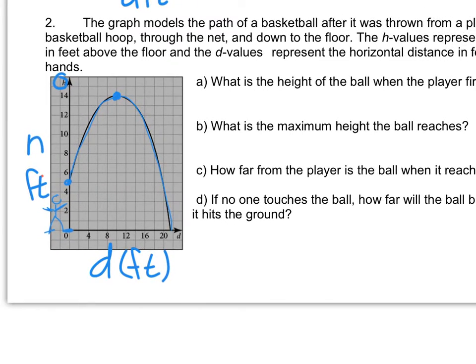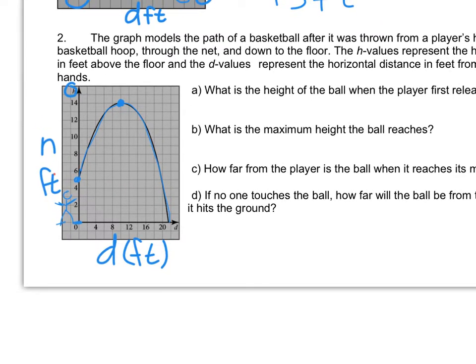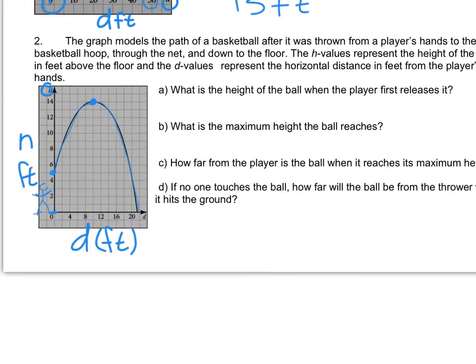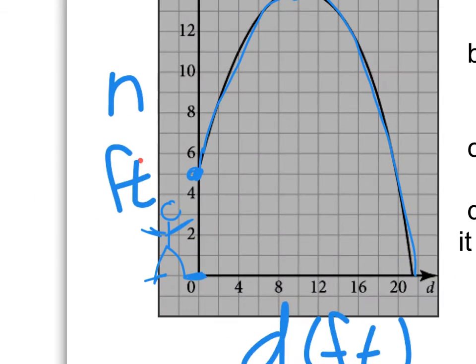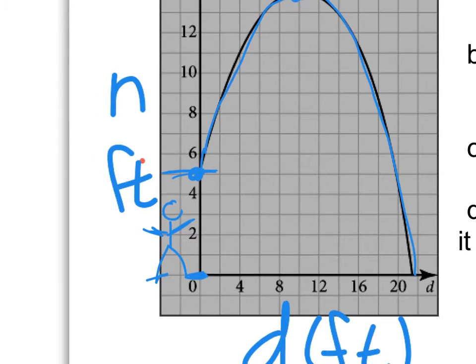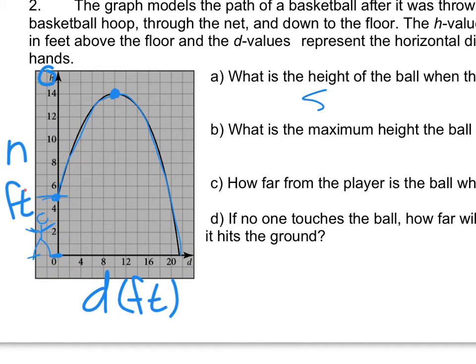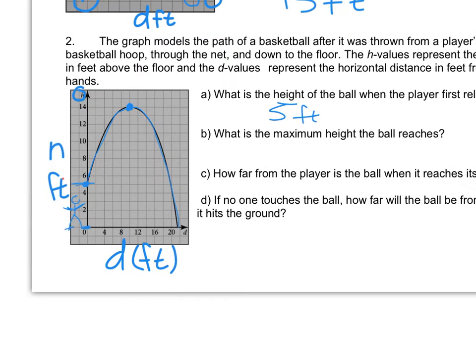So now we're going to go through and read the questions here. What's the height of the ball when the player first releases it? The player's holding it at 5 feet above the ground when he first releases the ball. What is the maximum height the ball reaches? The ball manages to go up to a height of 14 feet above the ground.